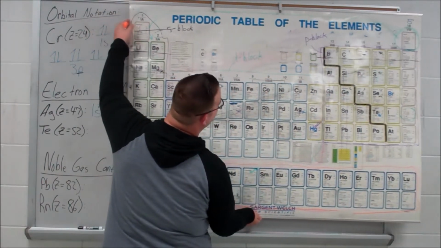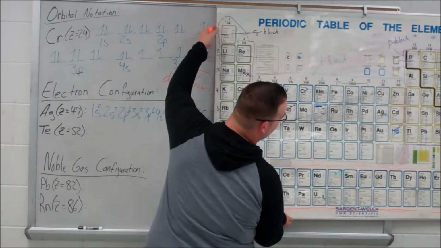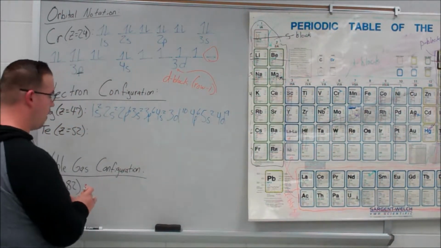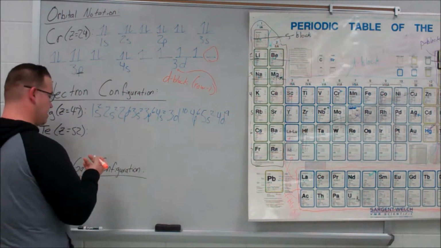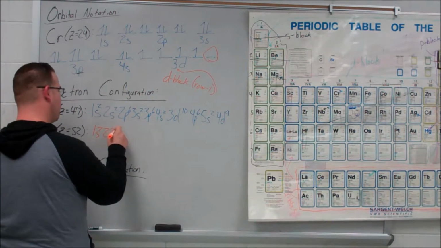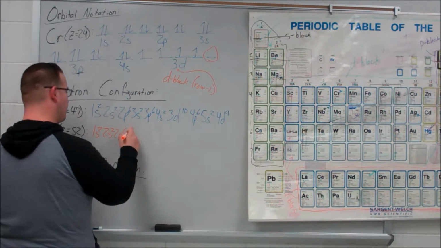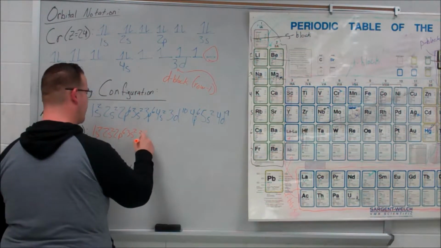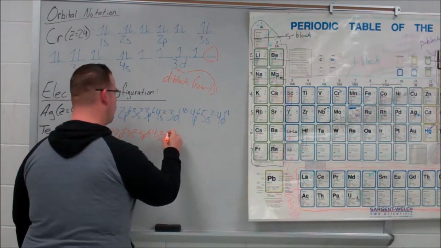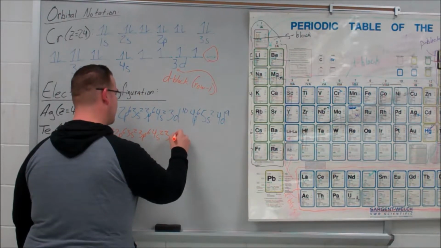Alright, so let's just start going on with these things. So let's go. I got 1s, 2s is full, 2p is full, 3s is full, 3p is full, 4s is full, 3d is full.